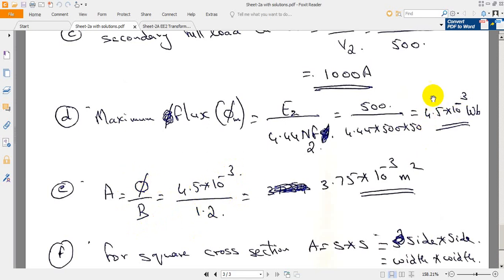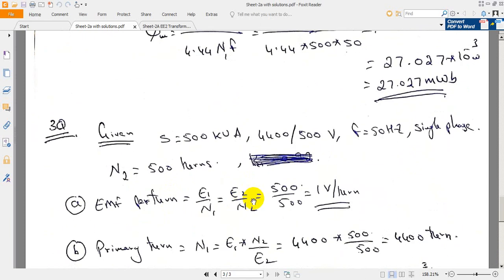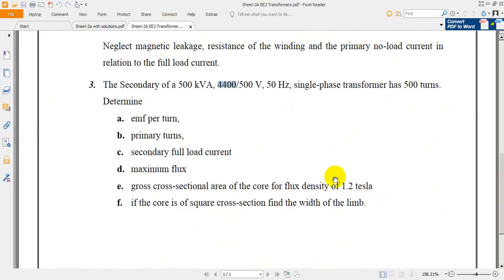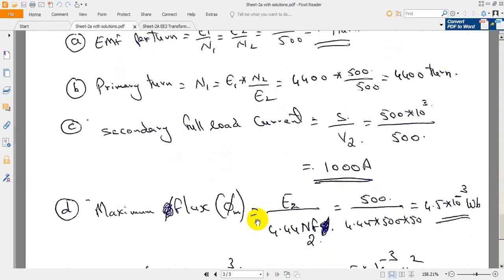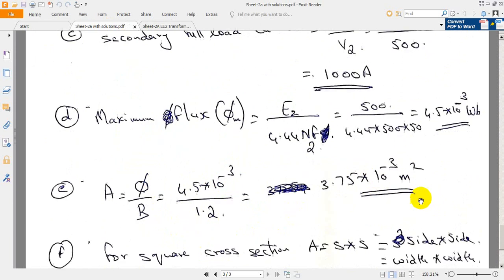The flux density is specified in the problem as 1.2, and we have substituted that here. If you evaluate this, you will get 3.75 into 10 to the power of minus 3 meter square.